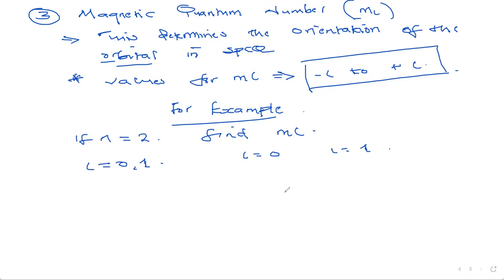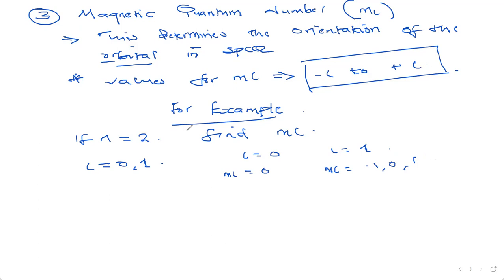Now the goal is to find, for each L, the value of ml. When L is equal to 0, ml is negative 0 to positive 0. It is simply 0. When L is equal to 1, ml is negative L to positive L, meaning from negative 1, 0, all the way to positive 1.